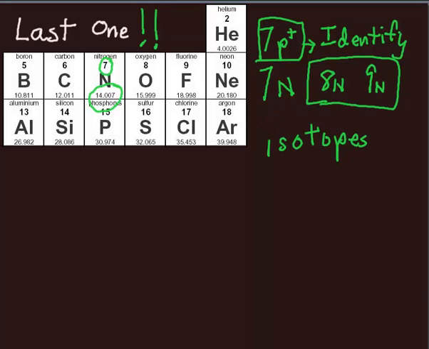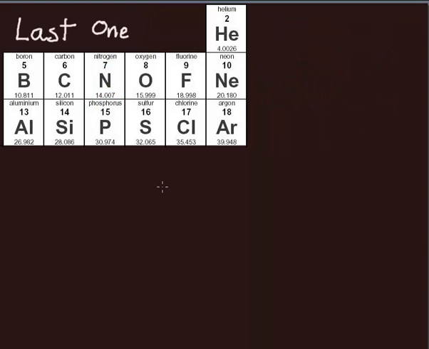All right, what we're going to talk about now is what if the nitrogen atom has 7 protons because it's nitrogen, and it has 7 neutrons, but the number of electrons is different. Let's say it has maybe 8 electrons. Normally we would have 1, 2, 3, 4, 5, 6, 7 protons, and 1, 2, 3, 4, 5, 6, 7 neutrons.